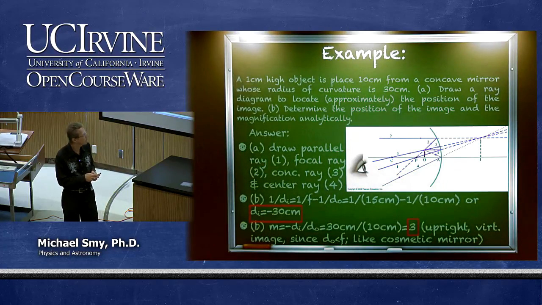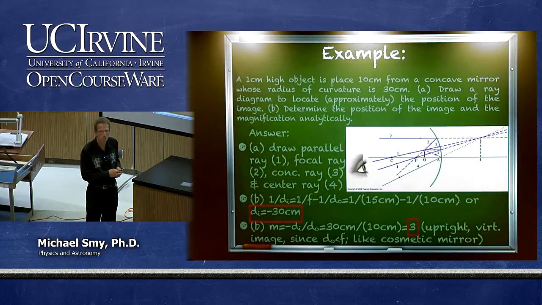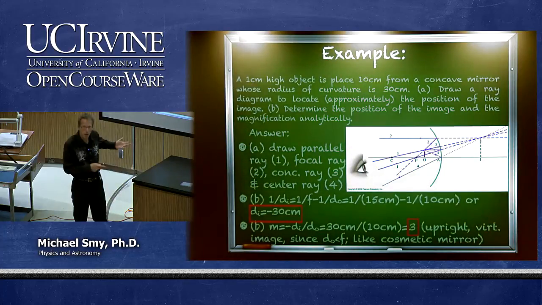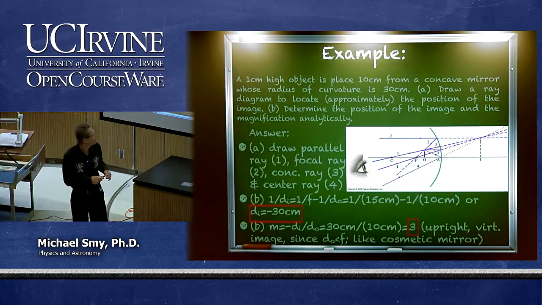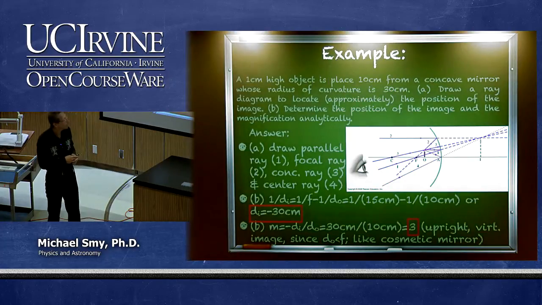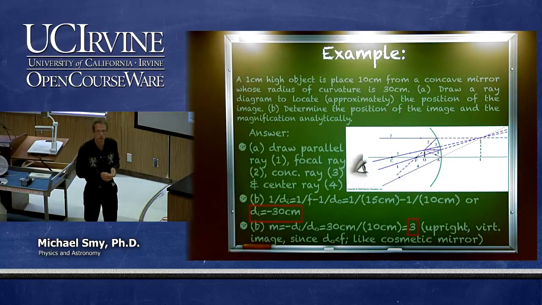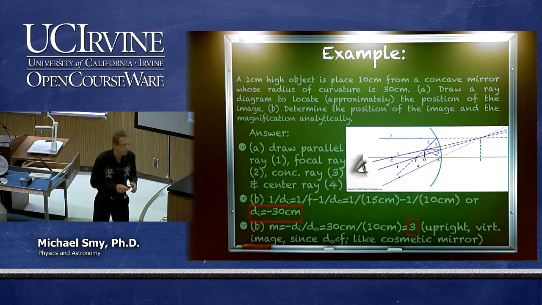If it's placed at twice the focal length, which is where the center point is located, then the magnification will be equal to 1. So image and object will be the same size, and the image will still be real and inverted. So there are such rules, but there are a whole bunch of them. They are not completely general because you have different rules for concave and convex mirrors, and so I don't mention all of them. But yes, there are such rules. Another rule, which we will learn later, is that if you have a convex mirror rather than a concave mirror, then the image is always virtual.